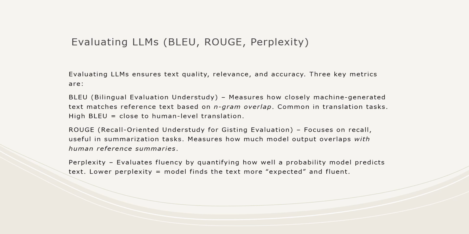It evaluates fluency by quantifying how well a probability model predicts the text. Lower perplexity means the model finds the text more expected and fluent. These three metrics help determine the accuracy, fluency, and relevance of generated text.